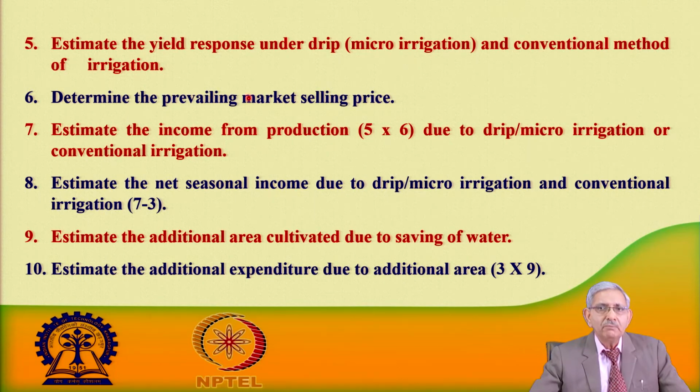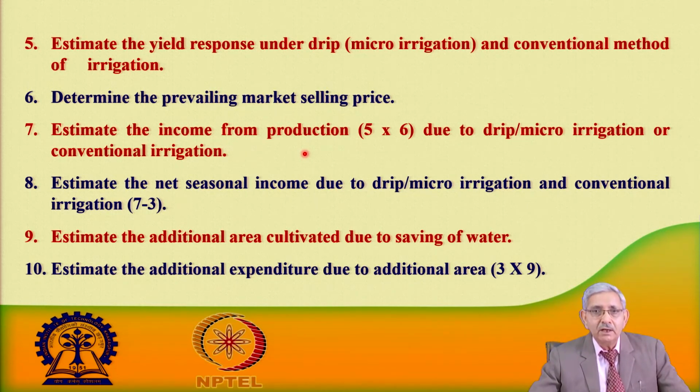Because we have conducted experiments, we find out the yield under the drip system and also with the conventional system. Then we find out the prevailing market selling price. So, whatever the response we are getting, we multiply and find out the total value, means how much total income we are getting.